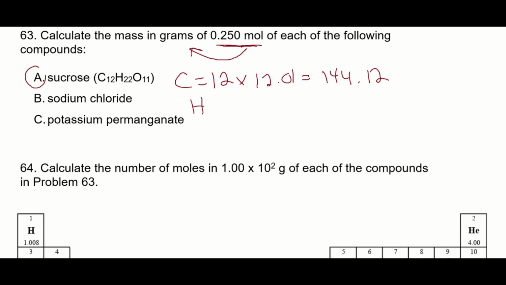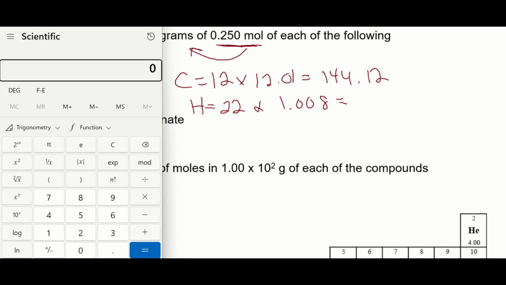Now for the hydrogen, there's 22 hydrogen atoms in a molecule of sucrose, and the mass for hydrogen is 1.008. And that gives 22.18.